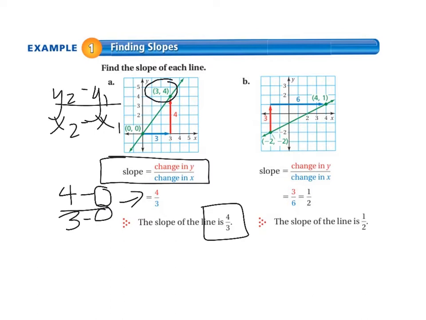So let's take a look at letter B. We're going to take 1, because that's our second y coordinate, and we are going to subtract a negative 2, minus a negative 2, and that equals 3.